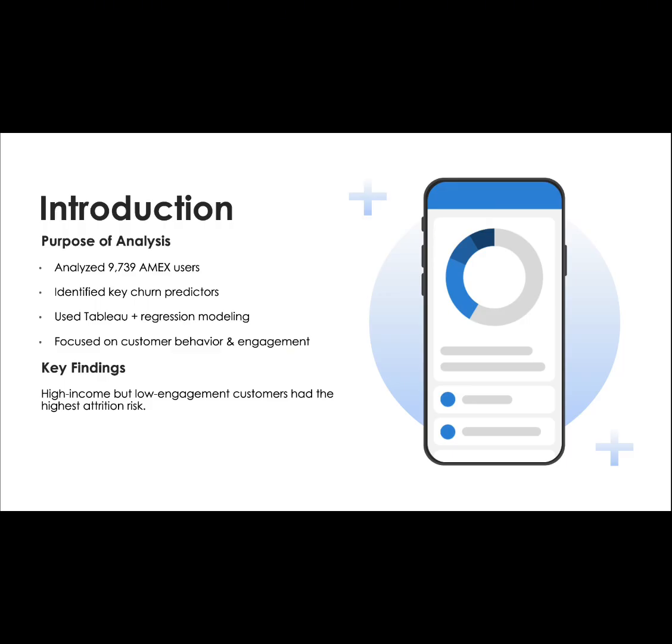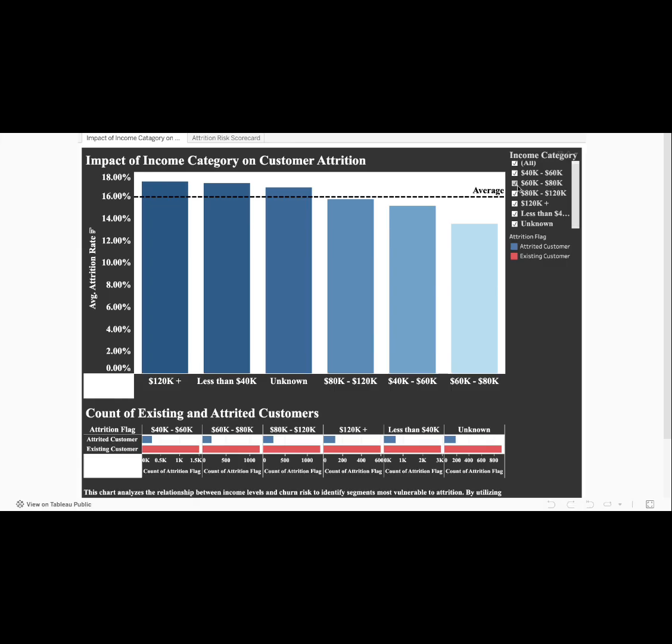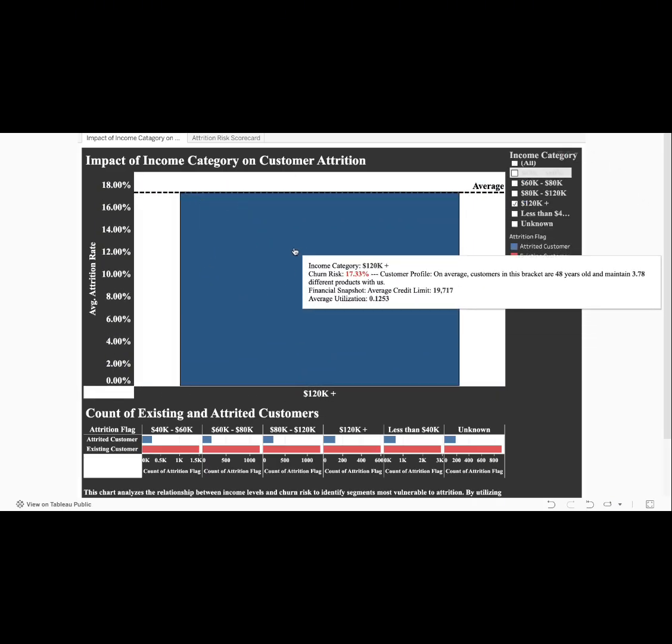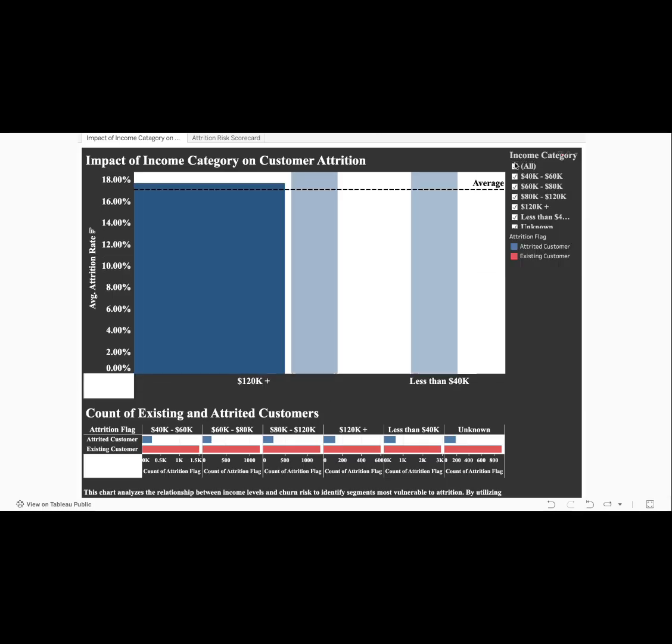One of our most important findings was that high-income customers, especially those in the $120,000 plus income bracket, showed some of the highest attrition rates despite being valuable customers financially. This suggested that low engagement and weak product stickiness were major contributors to churn.